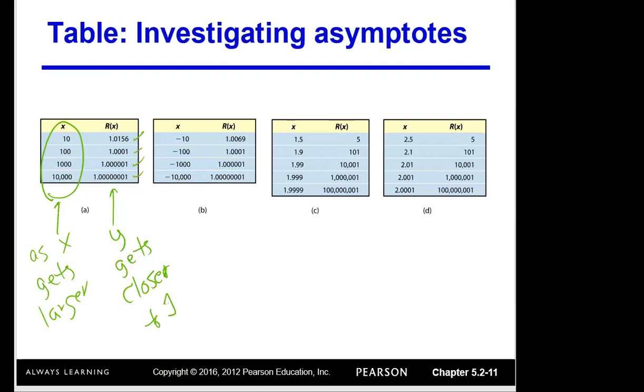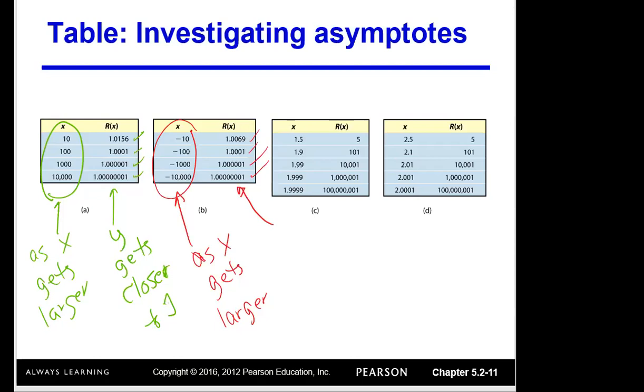What? All right. The next one, if you're looking at these numbers, you're going from -10 to -100 to -1,000. Okay, x is getting smaller here. Because remember, the more negative you are, the smaller you are. Ooh, words to live by. Okay, and again, I see 1.0069, 1.0001, 1.001.